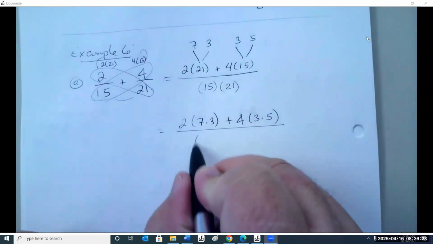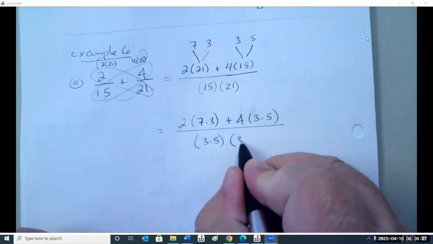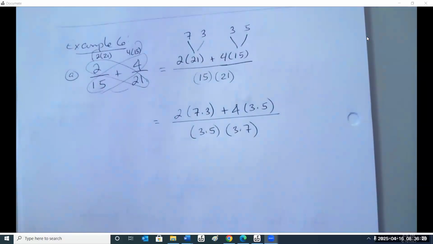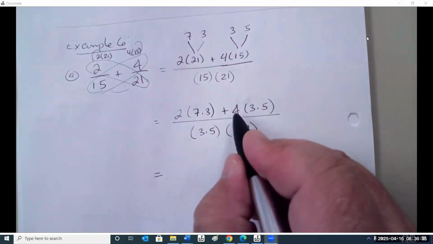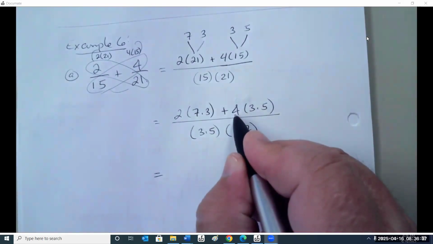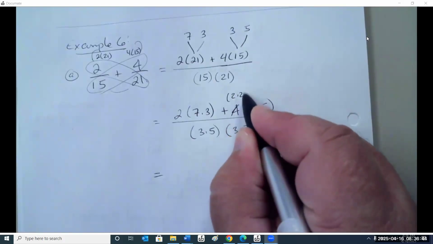So 15 is made up of 3 times 5. 21 is 3 times 7. What is 4 made up of? It's made up of 2 times 2.